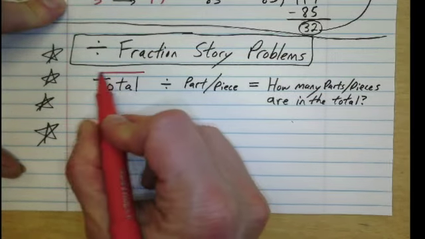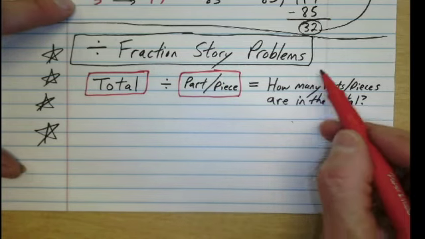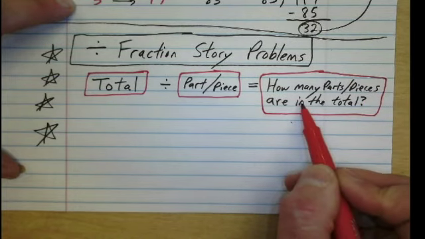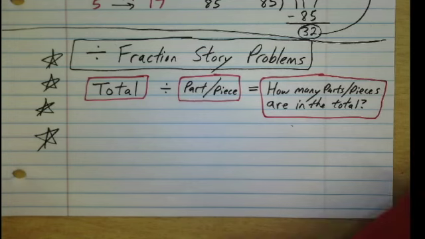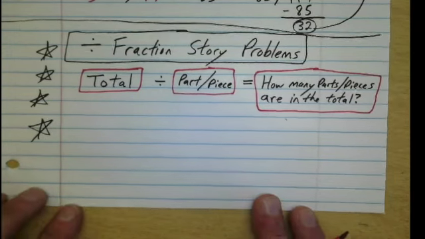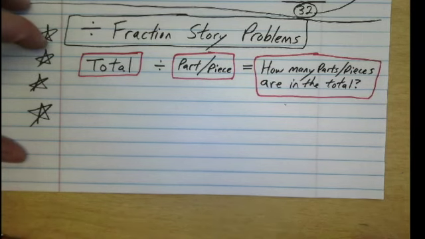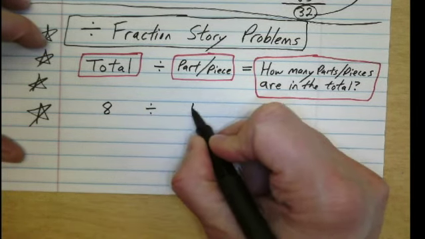You're always going to have a total, and you're going to divide it by part or pieces. And the question tends to ask how many parts or pieces are in the total. The question will help you figure out which one's your part and then which number is your total. So we're going to start with really easy numbers first. Like if I give you the numbers 8 for the total, and I want you to divide it by 4.